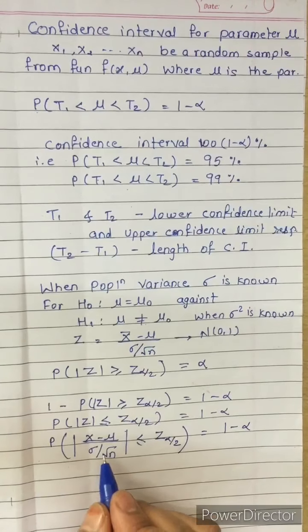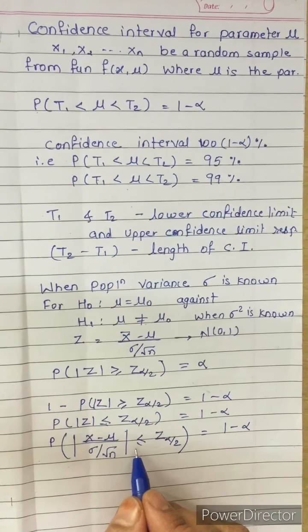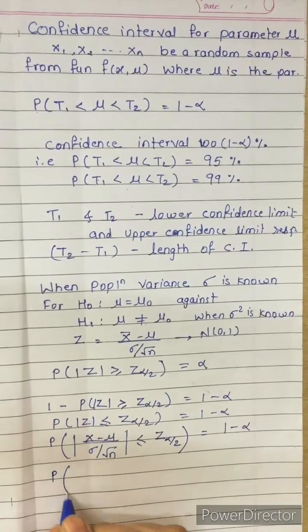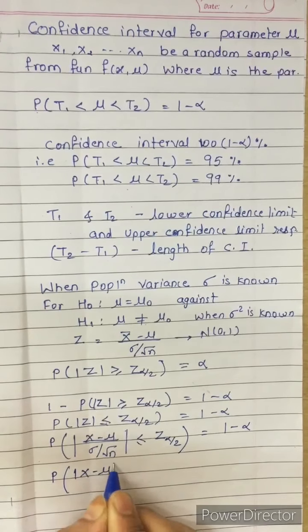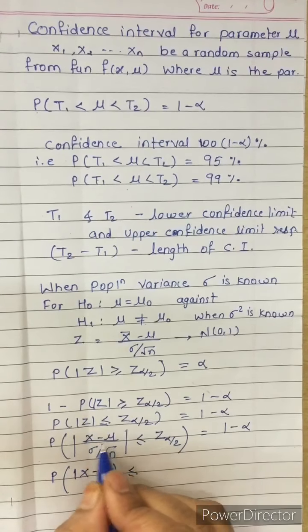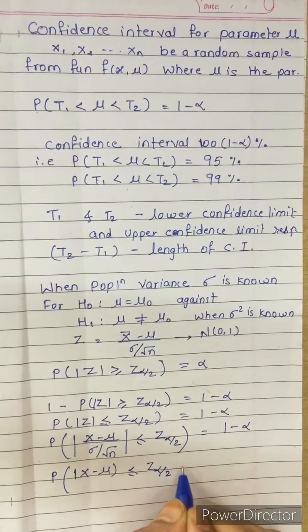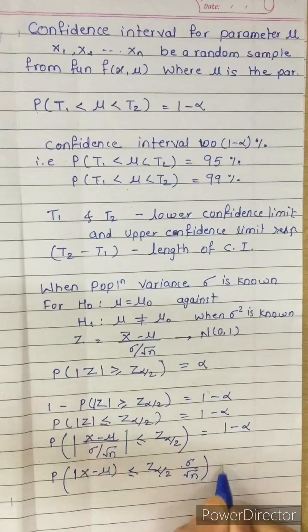Here sigma by root n is the constant term; sigma is positive, n is positive, and therefore we can easily take this denominator out of the mod. So it will become probability mod of x bar minus mu less or equal to, when it is divided on the other side it will become multiplied, z alpha by 2 multiplied by sigma by root n. The other side is as it is.